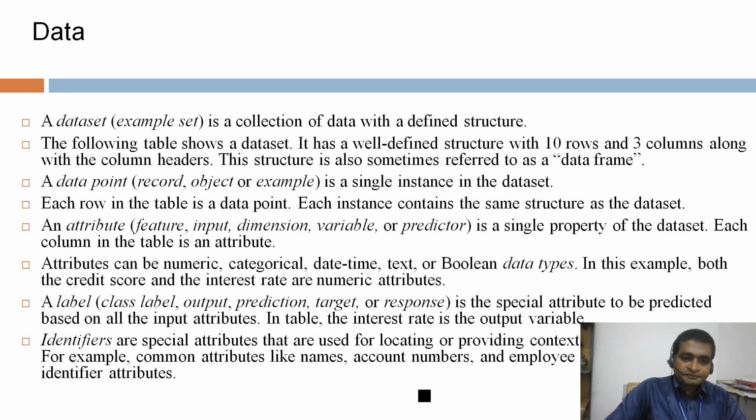Next, coming to label. That's a class label or output variable, prediction, target output or target variable, response variable, etc. It is a special attribute to be predicted based on all the input variables. In the table, the interest rate is the output variable.